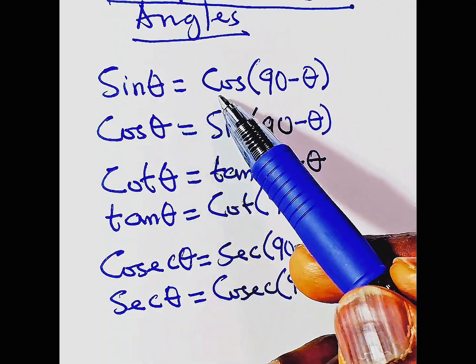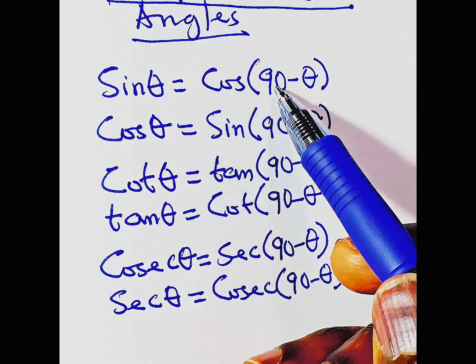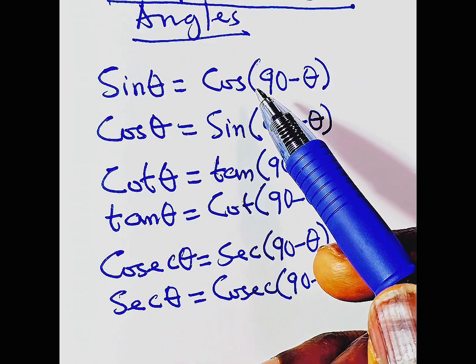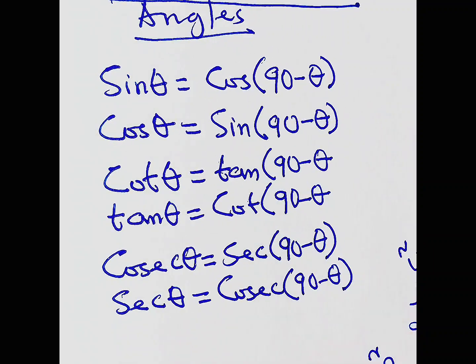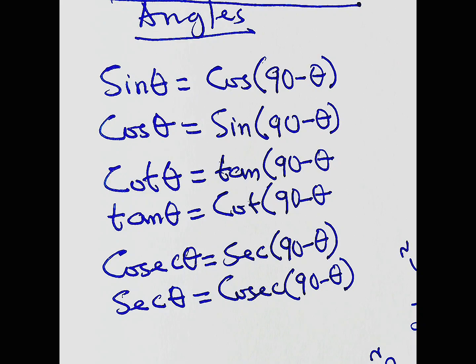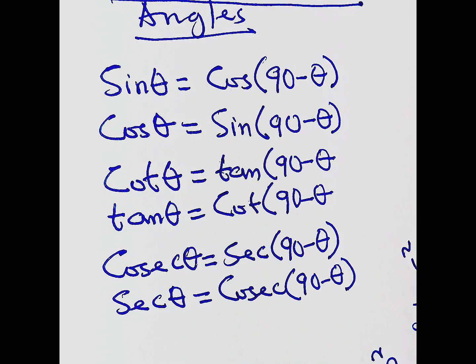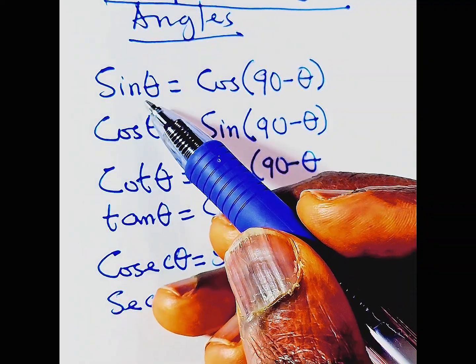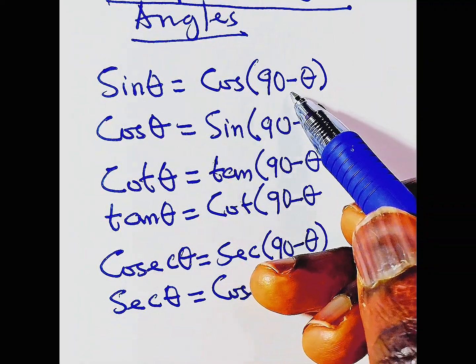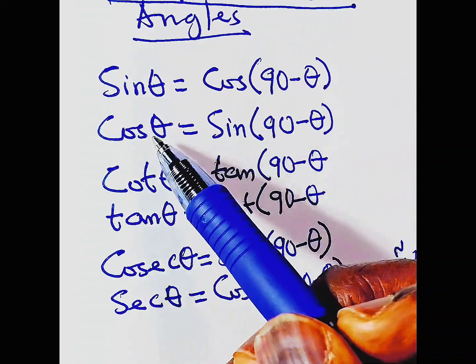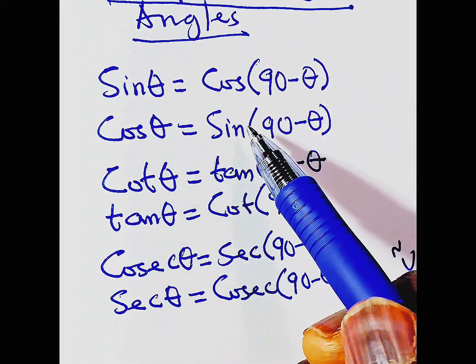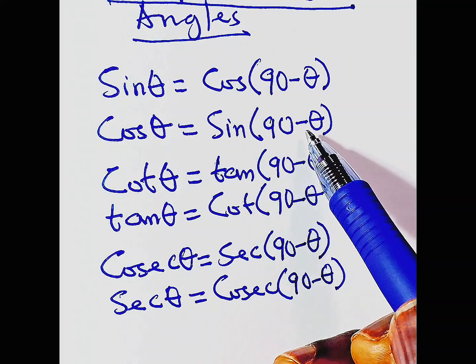It's going to be the same as cos (90 minus 30), which is the same thing as cos 60. And cos 60 is going to give 1 over 2, 0.5. That means sin 30 gives you 0.5, and cos 60 gives you 0.5. The same thing if you say cos 30: cos 30 will be the same thing as sin 60.